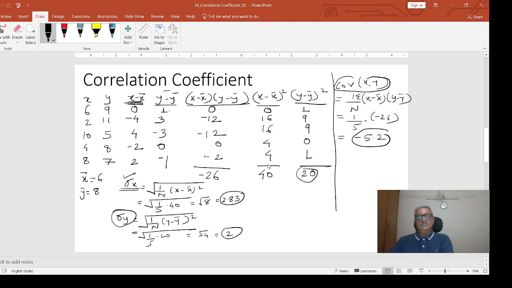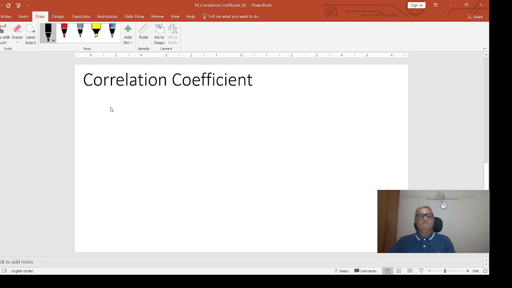So let's calculate the correlation coefficient. The formula is R is equal to covariance of xy upon sigma x into sigma y. That is equal to, what's the covariance of xy?